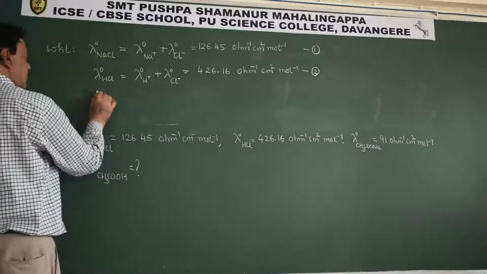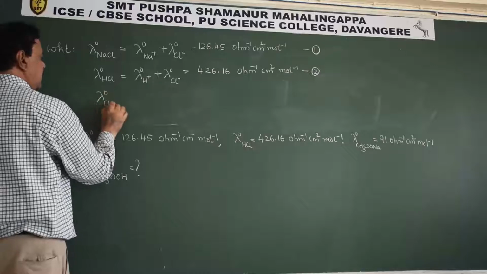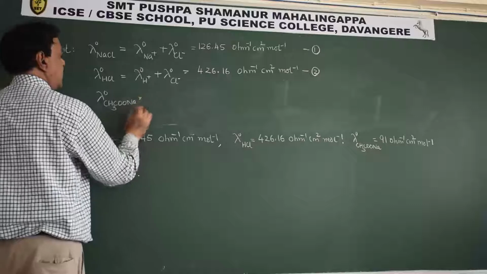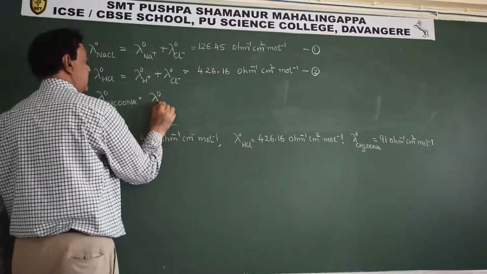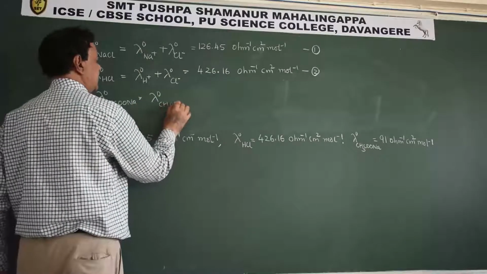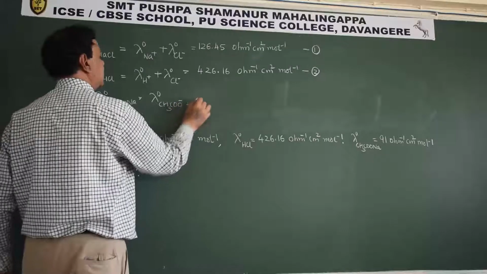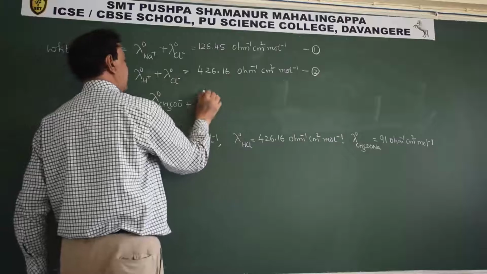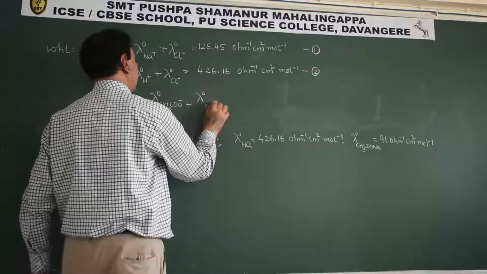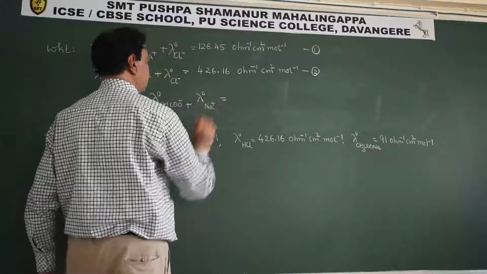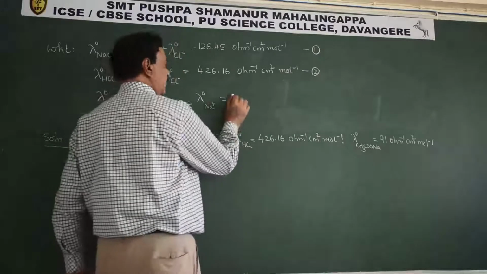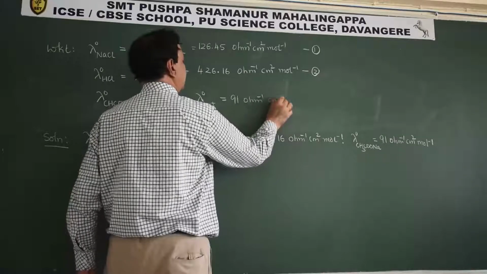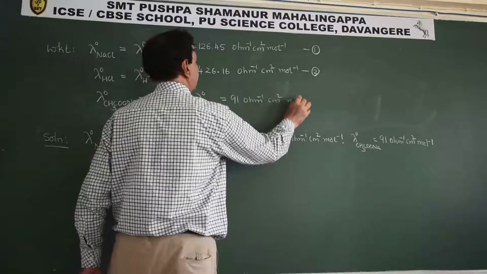And lambda naught of sodium acetate, CH3COONa, is equal to lambda naught of acetate ions plus lambda naught of Na plus ions, that is equal to 91 per ohm square centimeter per mole.